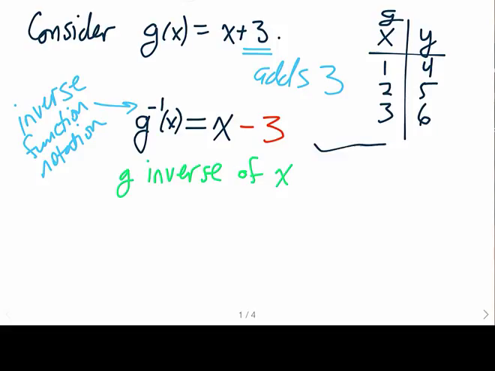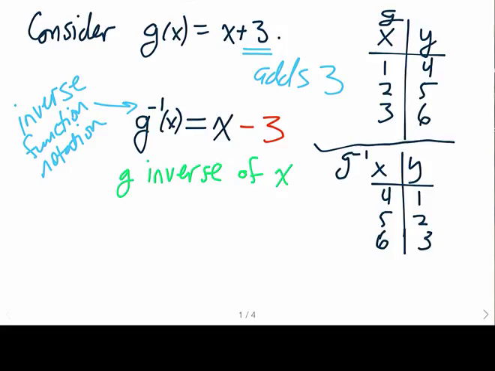If we then do the same thing for g inverse, and I put in 4, 5, and 6, g inverse subtracts 3, and so I'll get the numbers 1, 2, and 3 as outputs. And in this sense, the inverse switches inputs and outputs. So we've explored a little bit of the first two descriptors. The third one will come down the road.